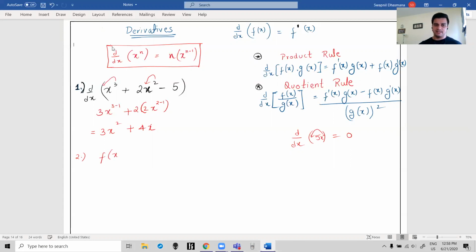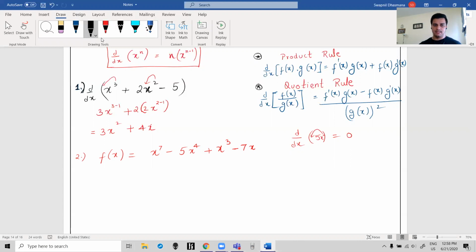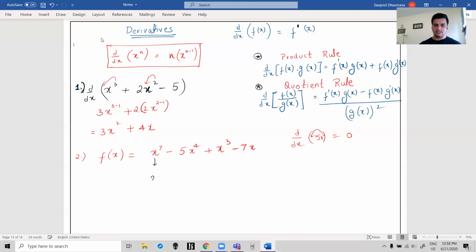For example, if they say find the derivative of x power 7 minus 5x power 4 plus x cubed minus 7x, just to solve it very quickly, first of all you can write x power 7 as x power 6, 5x power 4 as x power 3, x power 3 as x power 2, and here x will become 1.